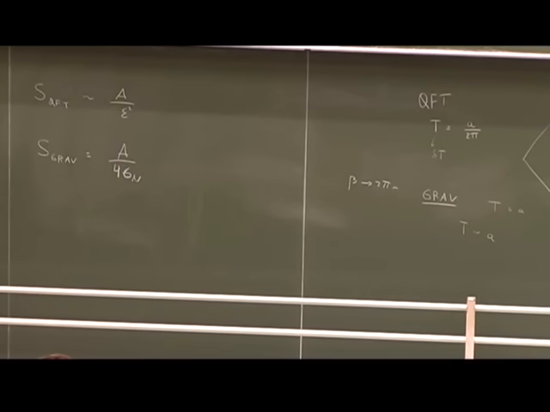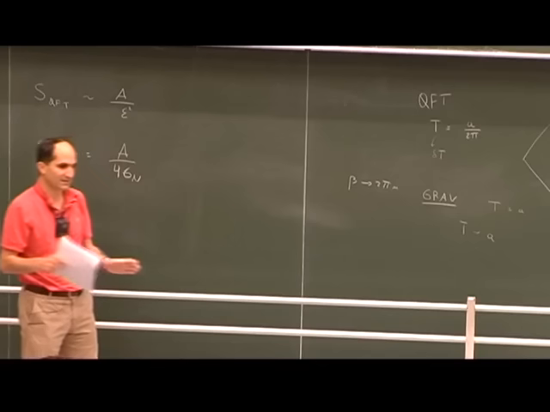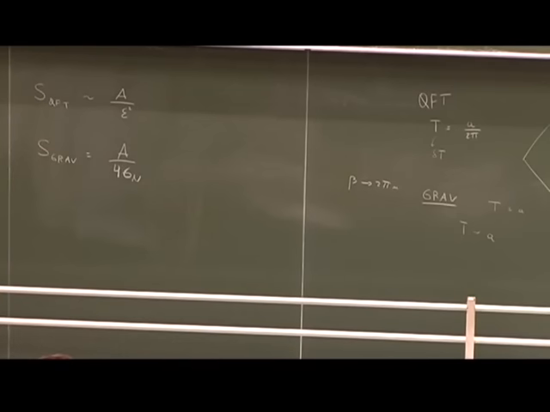So how do you understand this counting directly from the gravity point of view? How do we give an explicit description of the Hilbert space of these black holes within the gravity approximation? Sometimes we can use this dual description via AdS/CFT that I'll perhaps review later, where we can actually give a description of the microstates. But so far, let me not assume that, and let me just state this as a question.